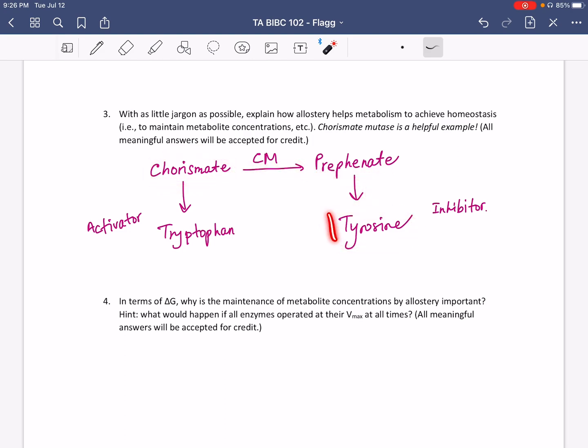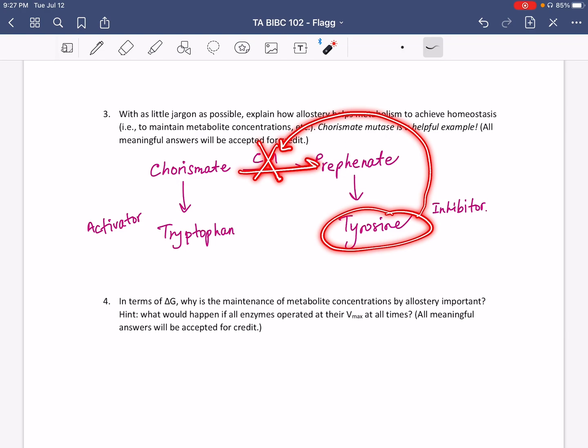So tyrosine levels begin to increase over time because this activator is activating chorismate mutase. Now, when there's a significant amount of tyrosine, tyrosine is an inhibitor of chorismate mutase. So tyrosine itself will go back and inhibit chorismate mutase, telling it to stop doing this reaction.